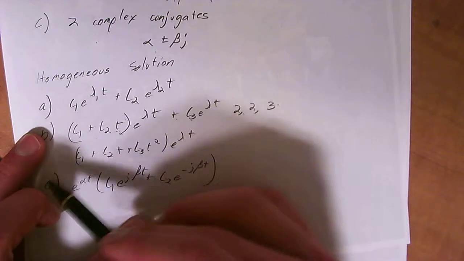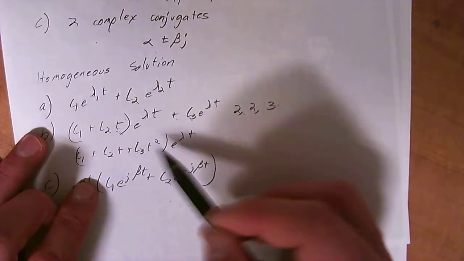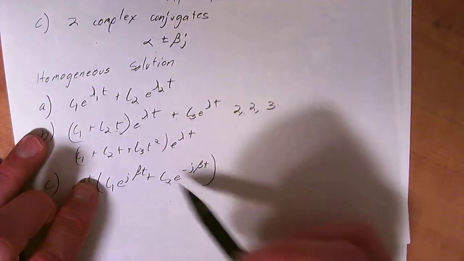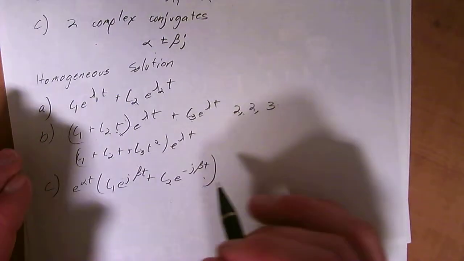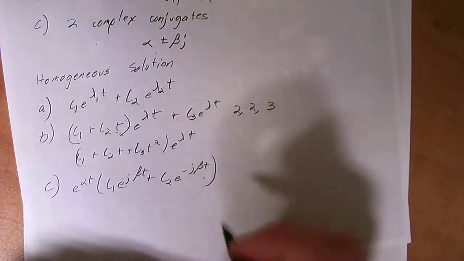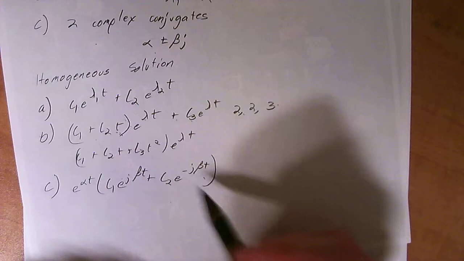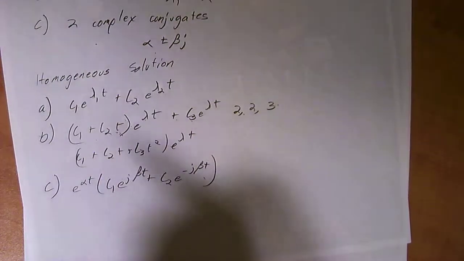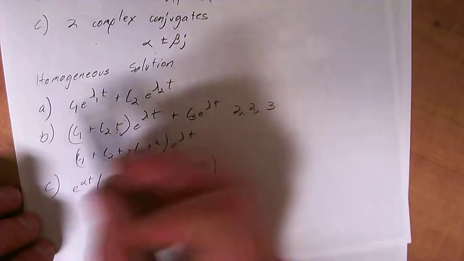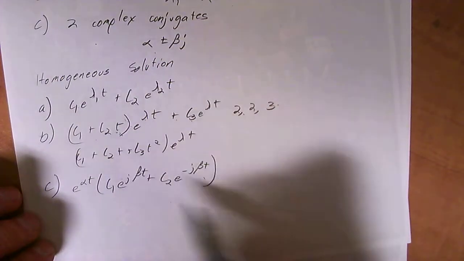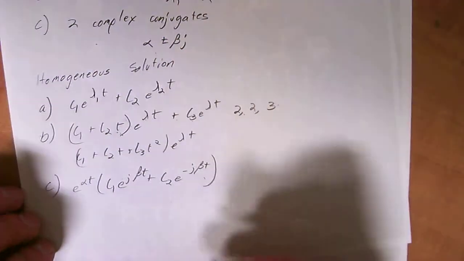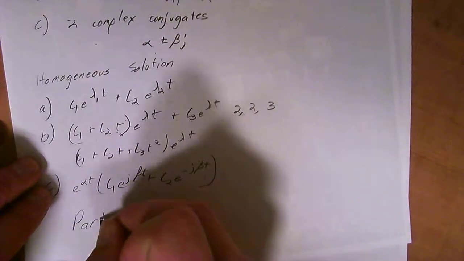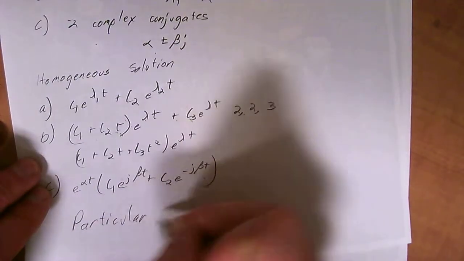Right here, if you have two complex conjugates, plus or minus, you take the alpha, the real part, to the outside, you use the two coefficients, and then you have the beta for the plus and the beta for the negative. There's no multiplicity here because they're distinct, so there's no extra t added on anywhere, you just add those up. So that's the three conditions you can have, and from these are basically your homogeneous solutions, any one of these equations, based on what your roots were.